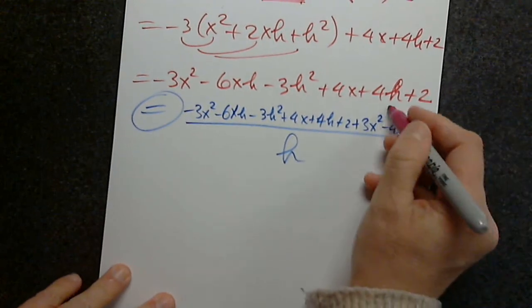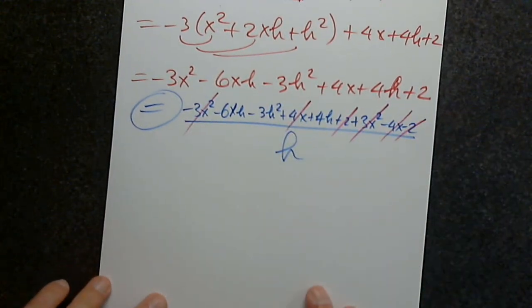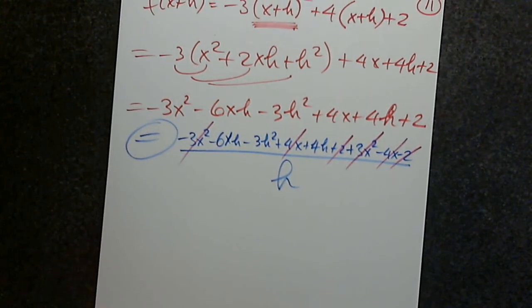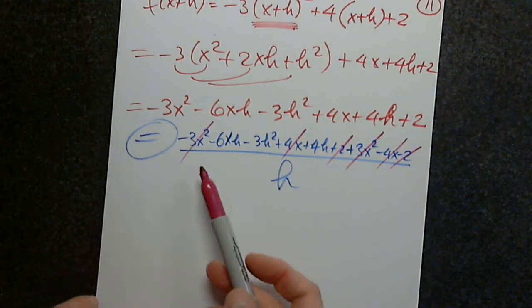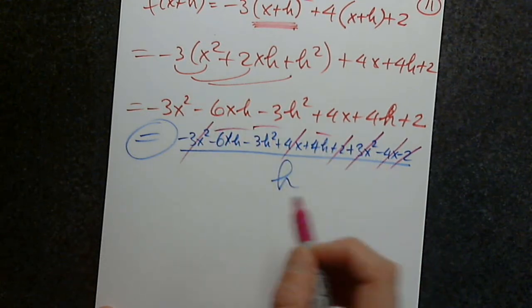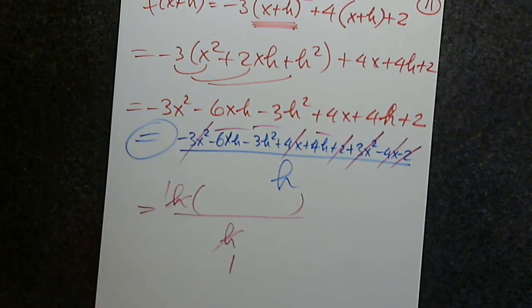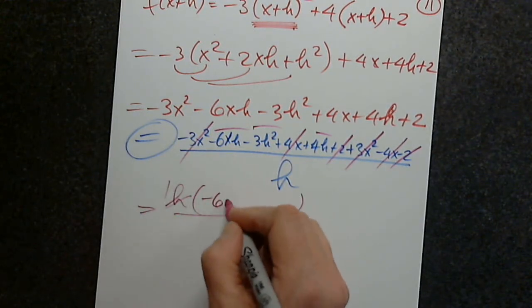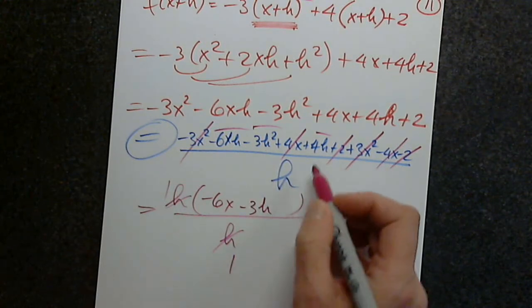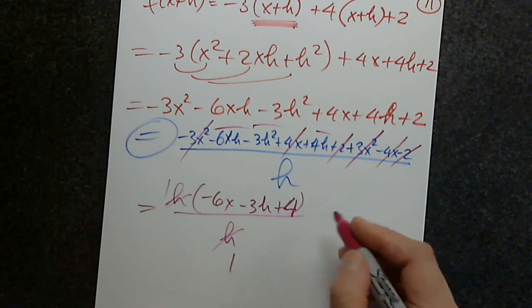Okay, so look at these, look at these, and look at these. So the first step is good. All terms without h cancel out. Now there are three terms left. They all have h in common, and that's how h goes away from the denominator. Negative 6x, negative 3h, and plus 4. So that's the final answer.